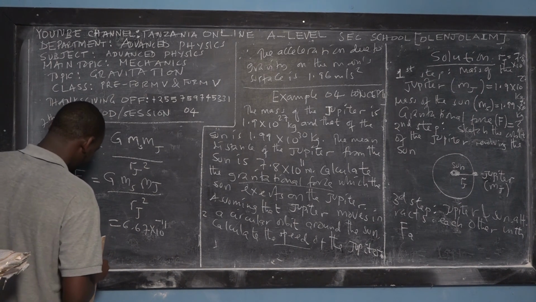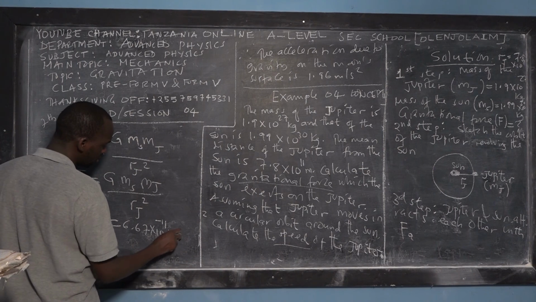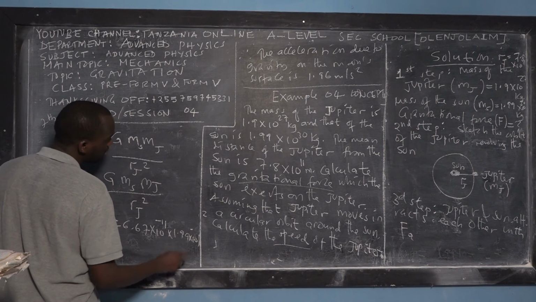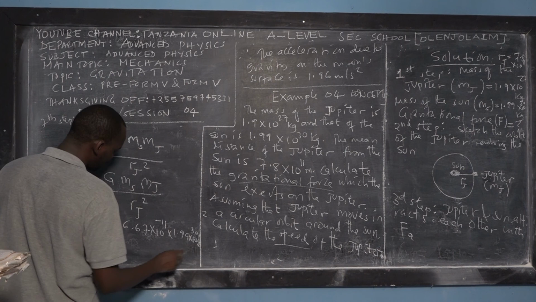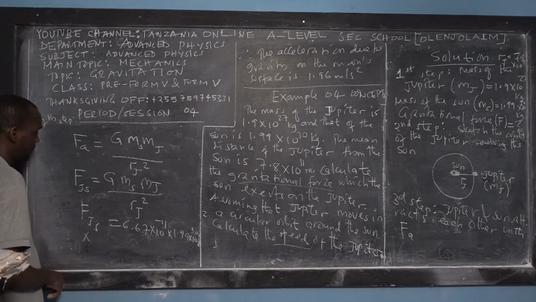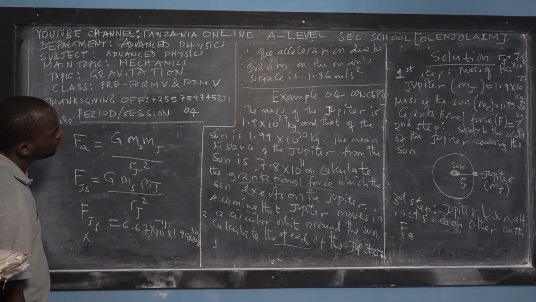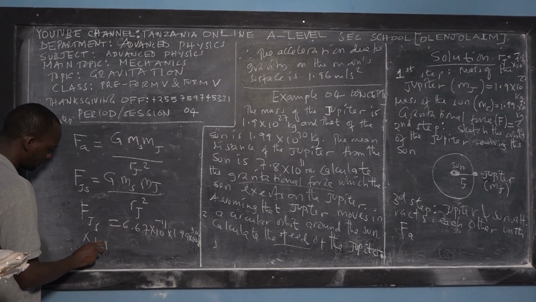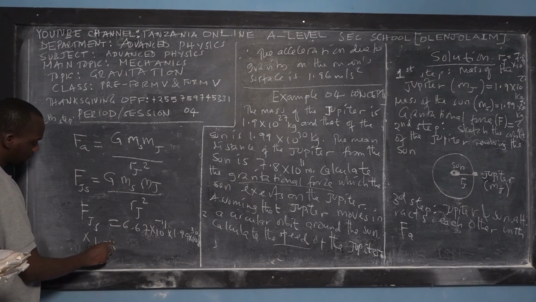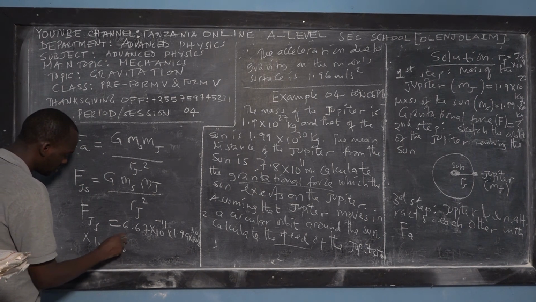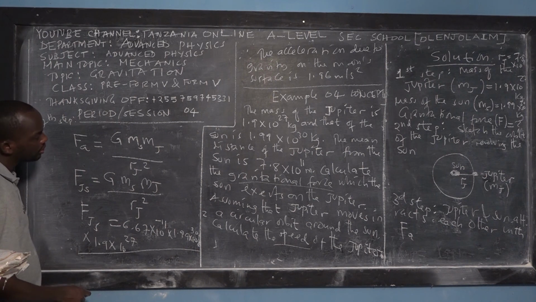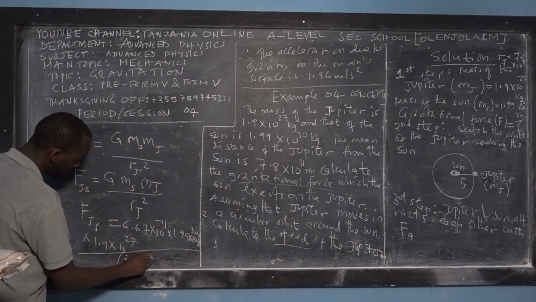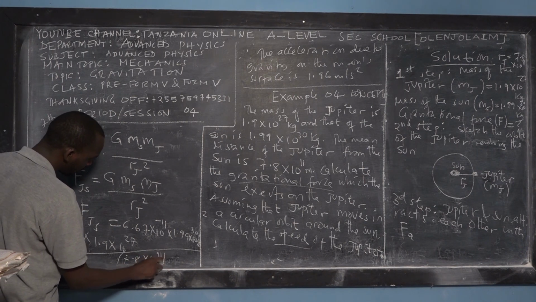Mass of the Sun is 1.9 × 10^30 kilograms, multiplied by the mass of Jupiter, which is 1.9 × 10^27, divided by the radius, which is 7.8 × 10^11, squared.